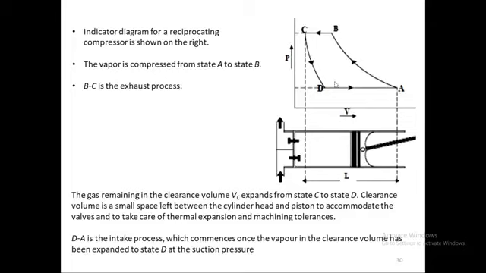Okay, so from A to B, the gas has been compressed, and from B to C is the exhaust, and from C to D it is the expansion of the gas which is trapped in the clearance volume. After that, the pressure inside the cylinder drops enough, and then the intake valve will open and further gas will come in.